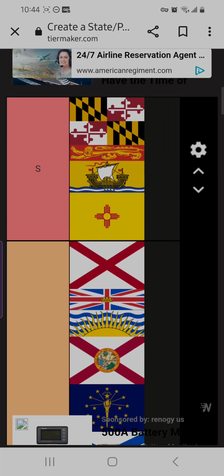And now, the best of the best, the S tier. Whoever designed these flags is really talented at designing a flag. In the S tier, we have New Mexico, New Brunswick, and Maryland. These flags are almost perfect.